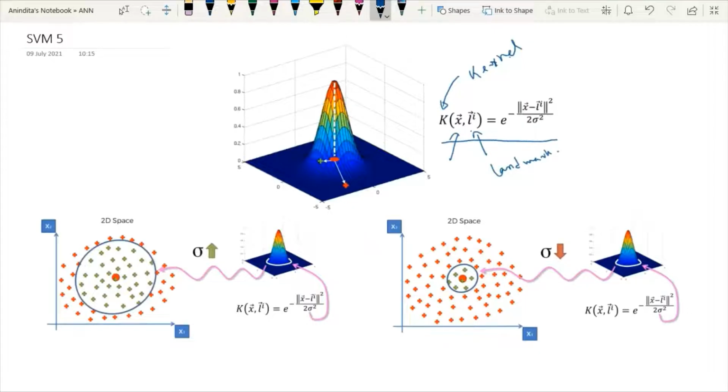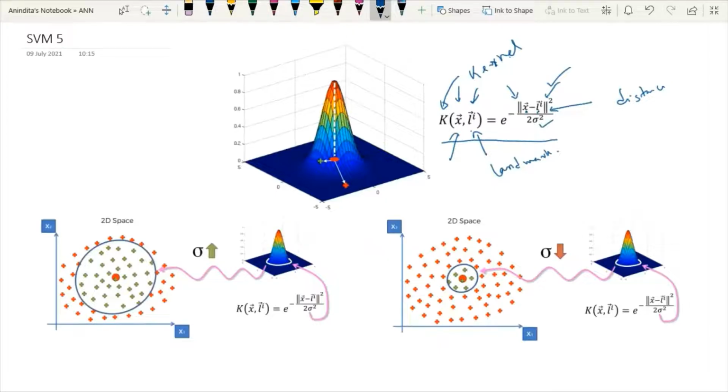Now we are using this computation. Whenever I use this kind of lines, you will understand that we are talking about some distance. Basically I am finding the distance between a point and the landmark. And what is this factor? I will explain it later on. First we have to understand the concept of landmark and how we find the distance of a point from this landmark.